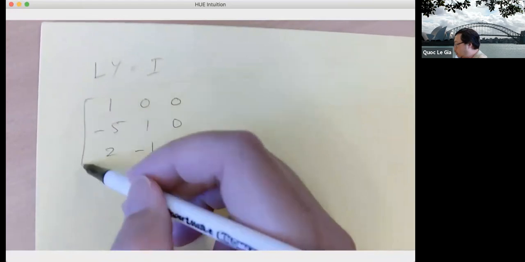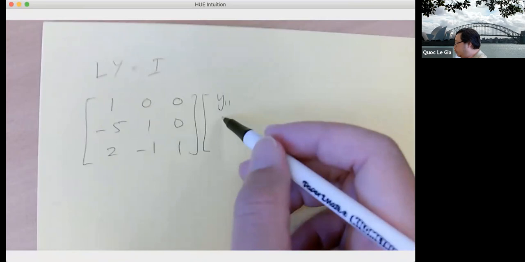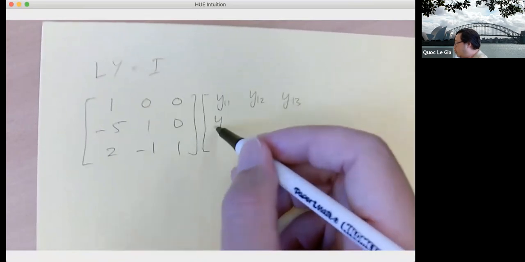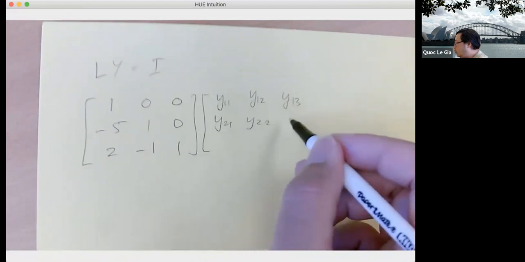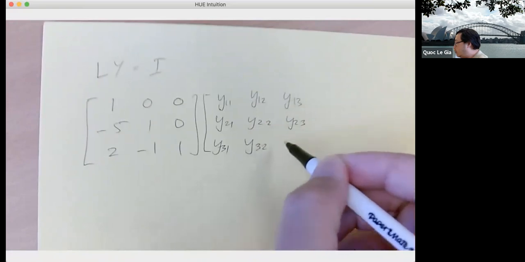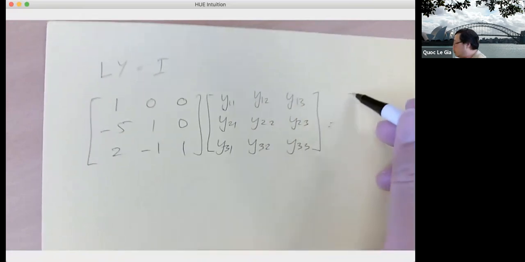And then you have Y11, Y12, Y13, Y21, Y22, Y23, Y31, Y32, Y33, equal to the identity.